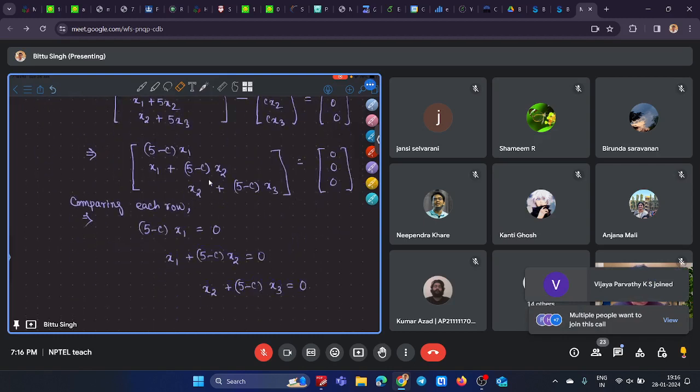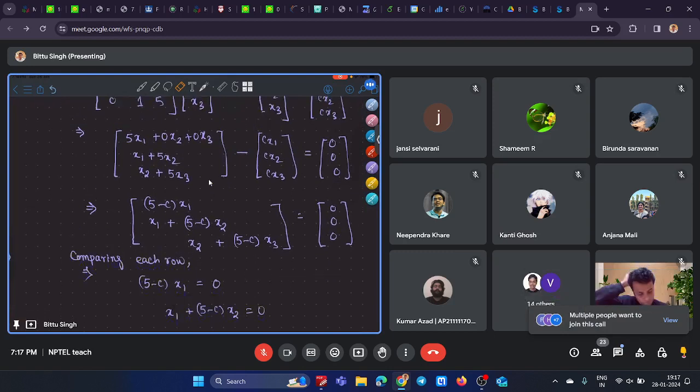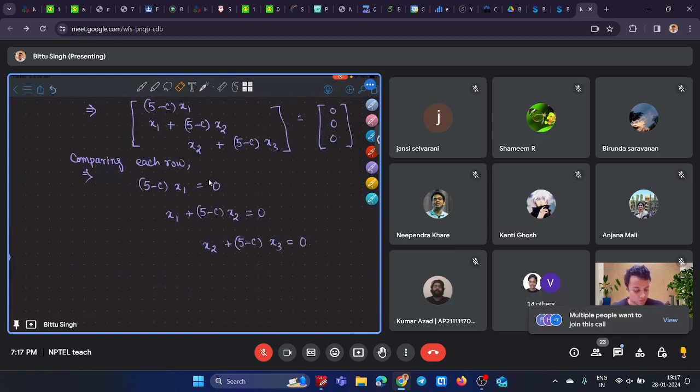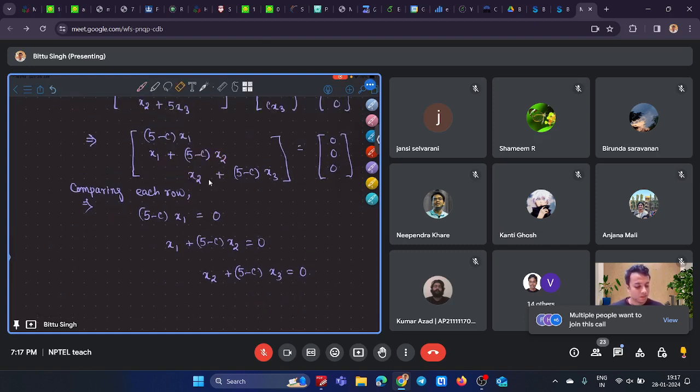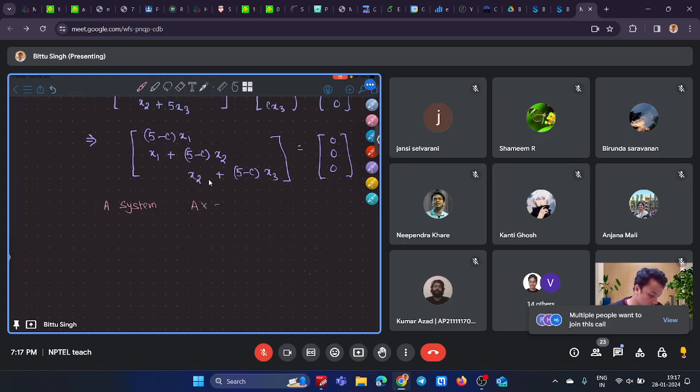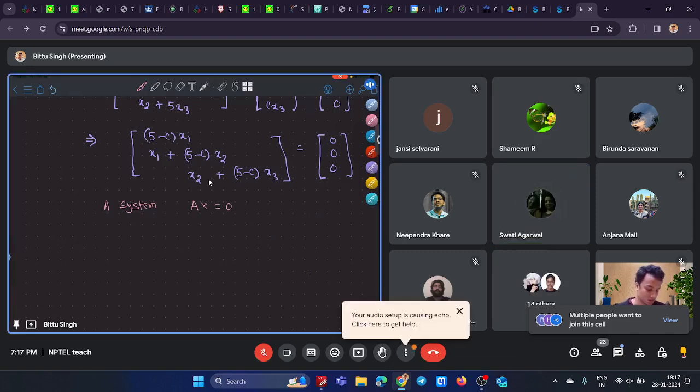Now there is a trick. You are familiar with this trick: recall a system Ax equal to 0, when does this system have a non-zero solution? Can anyone say? When A is invertible? Yes.